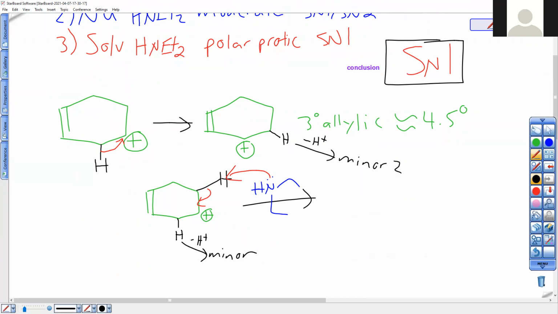I'm not a big fan of ever showing this on tests. I think it's the first time all semester you're going to see it. I don't like seeing it. I'd rather see the mechanism. Here, this is a minus H plus right here, and it shows how it happens. This is better than writing that. You're never going to get points for that. But this is not a mechanism question, is it?